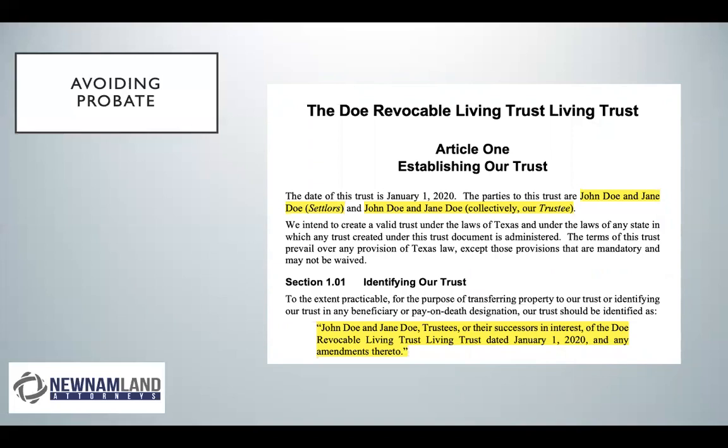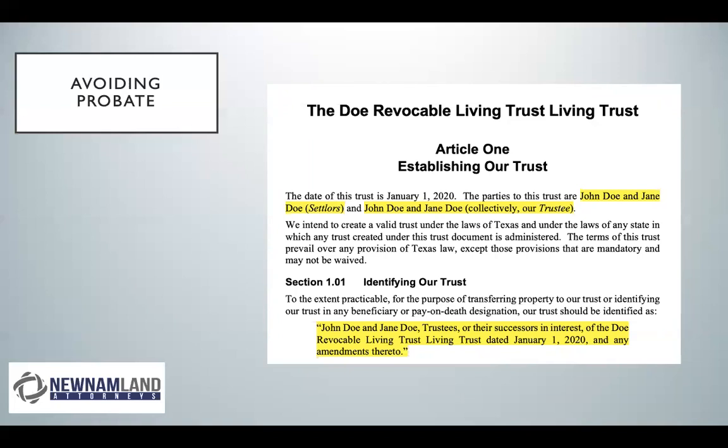And like I said, I touched on this more in depth in our previous presentations, but I'm going to just touch on it again here. So you can have a trust. If you have a trust that is completely funded, meaning you have taken all of your assets out of your name for the most part and put them into your trust, then a properly funded trust can avoid probate.